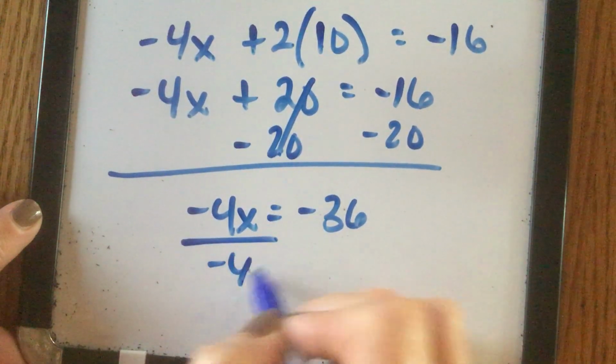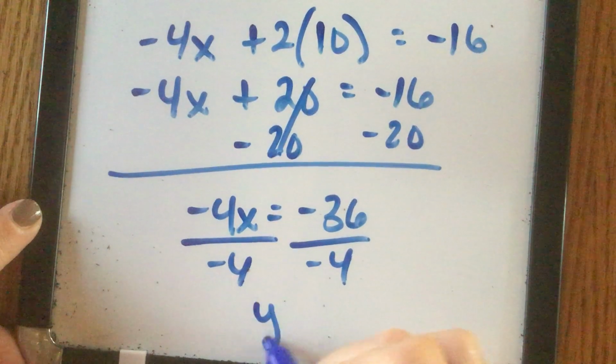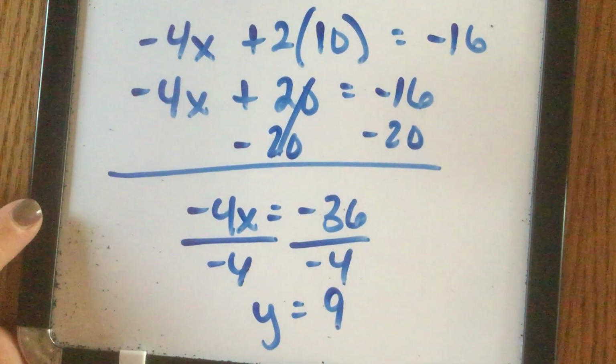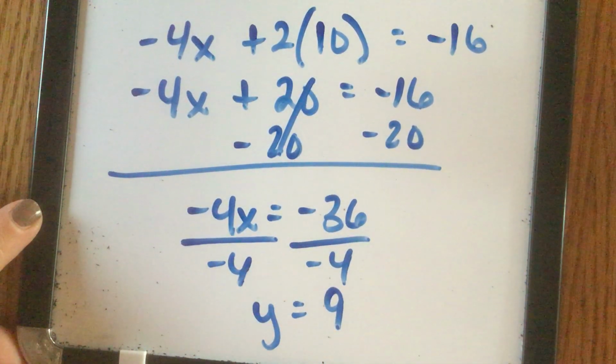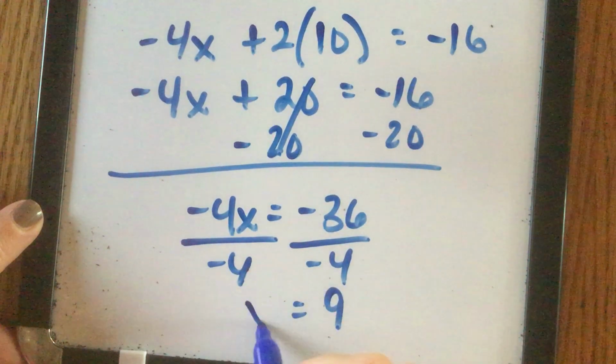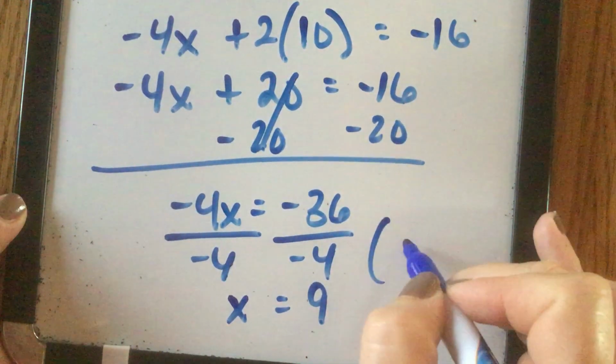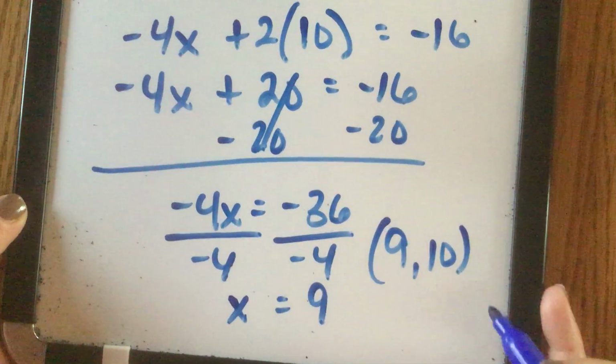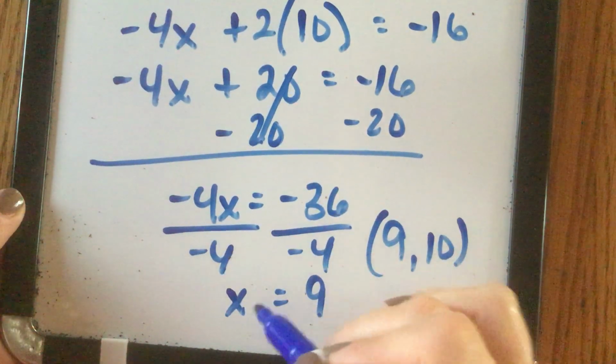Divide both sides by negative 4, and you get, whoa, what did I do here? x, not y. Negative 4x, so x equals 9. So my answer is 9, 10, because I got y equals 10, and then I got x equals 9.